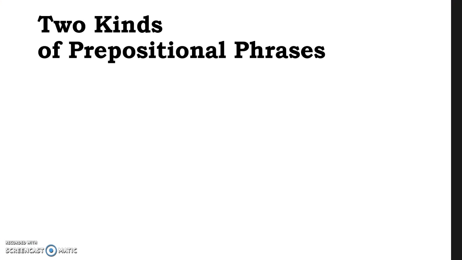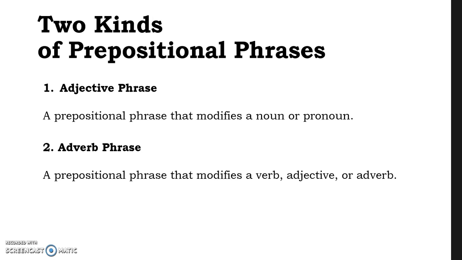Here we reach some important information explaining how prepositional phrases function in sentences. There are two kinds of prepositional phrases. The adjective phrase, in which a prepositional phrase modifies a noun or pronoun, and the adverb phrase, in which a prepositional phrase modifies a verb, adjective, or adverb.